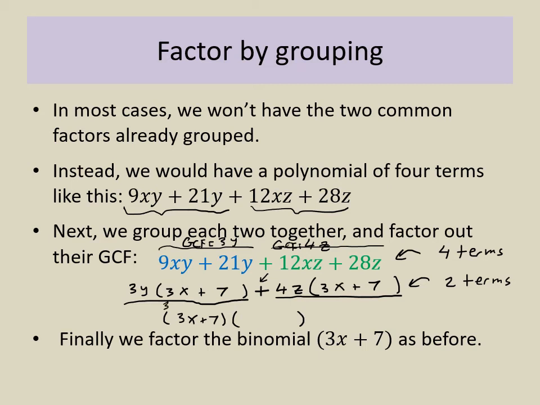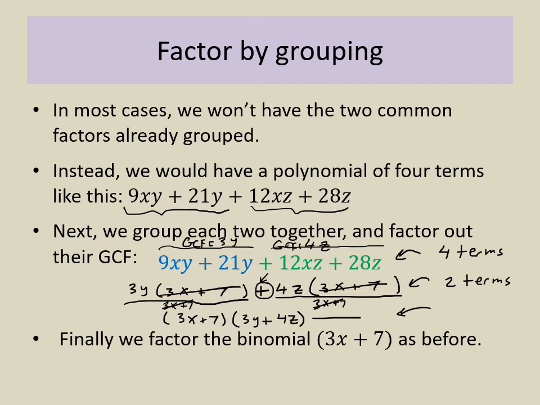In the first term, if I divide by 3x plus 7, this cancels and I have 3y. And then plus, that plus is very important. And from the second term, if I divide by 3x plus 7, those will cancel and I'm left with 4z. And our factor by grouping is now complete.